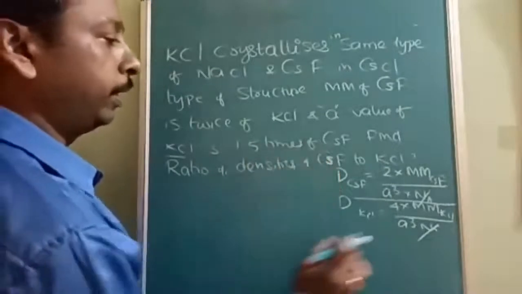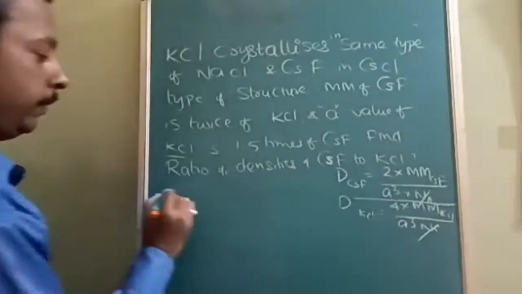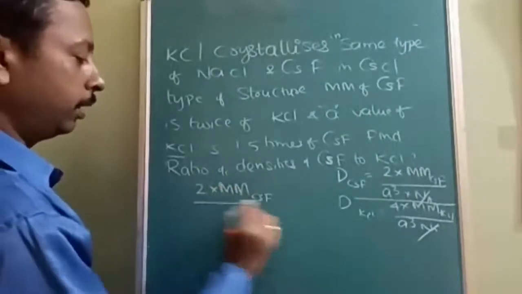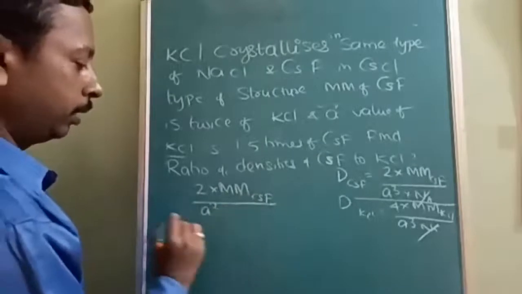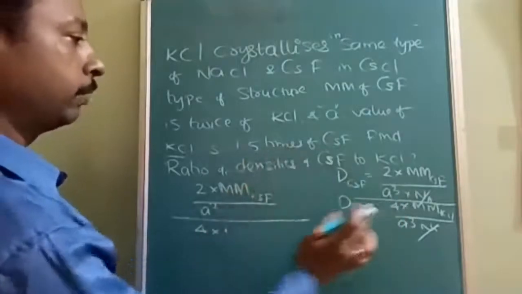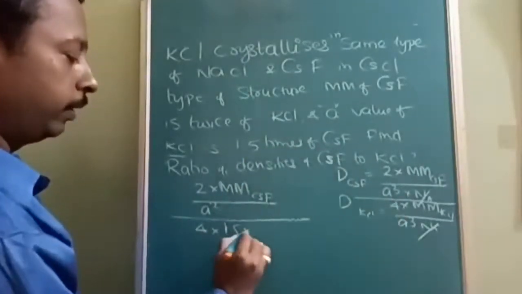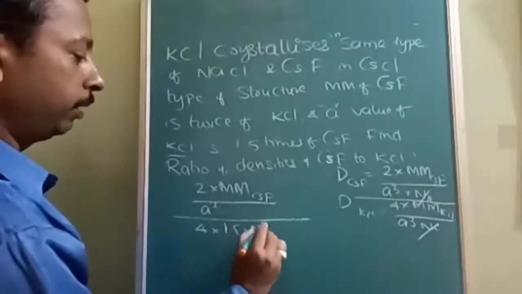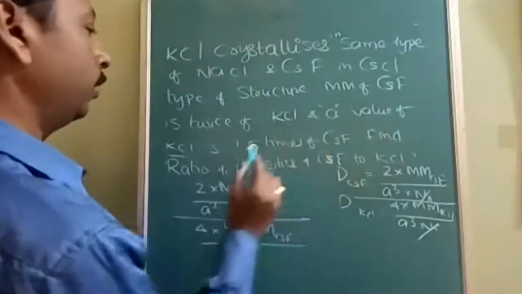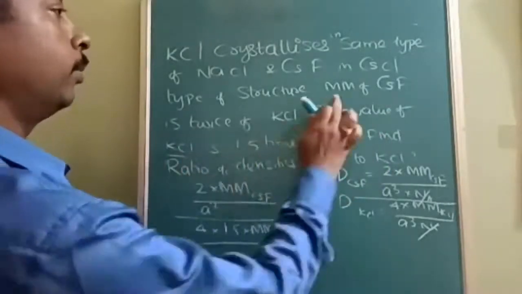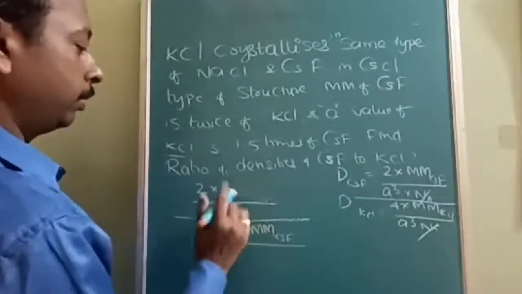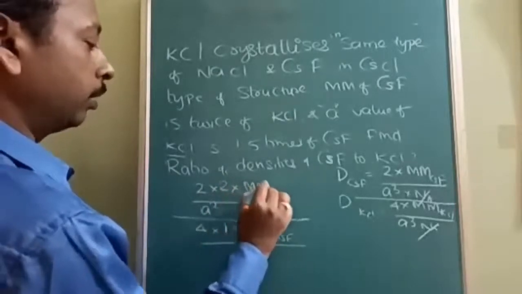Now we can substitute. The edge length of KCl is 1.5 times that of cesium fluoride. Here I am writing 2 into the molecular mass of cesium fluoride divided by A cube, and the whole divided by 4 into the molecular mass of KCl divided by 1.5 times the edge length of cesium fluoride, whole cube. The molecular mass of cesium fluoride is 2 times that of KCl, so here I will write 2 into the molecular mass of KCl.